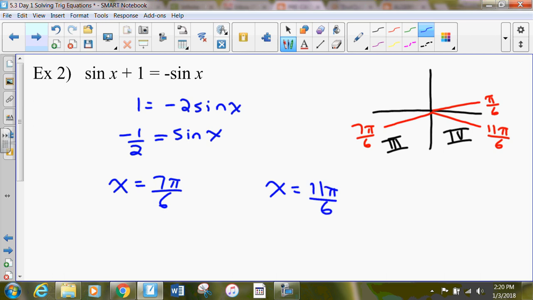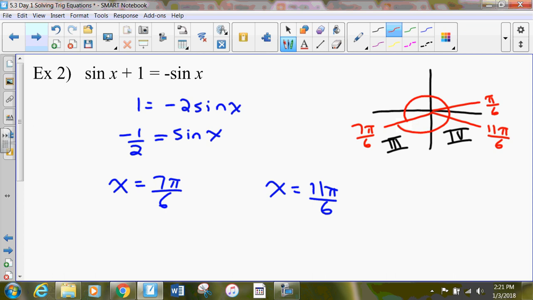We're going to go back and do the same thing, talking about revolutions. If we take the 7 pi over 6 and we add another 2 pi to it, we'll get 19 pi over 6. That would also have a sine that's equal to negative 1/2.